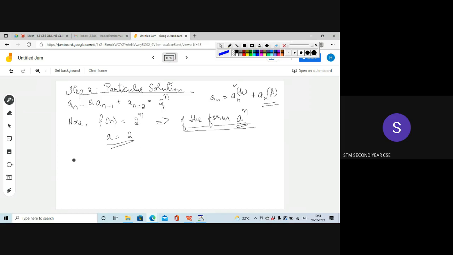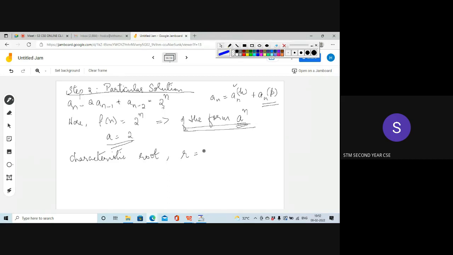In the first part, we had solved for the characteristic root, isn't it? What was the characteristic root we obtained for this question when we solved the homogeneous part? We wrote the characteristic equation and we found the characteristic root. What is the value of the characteristic root that we got in this question?